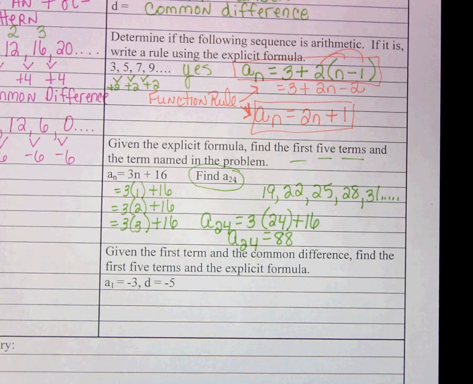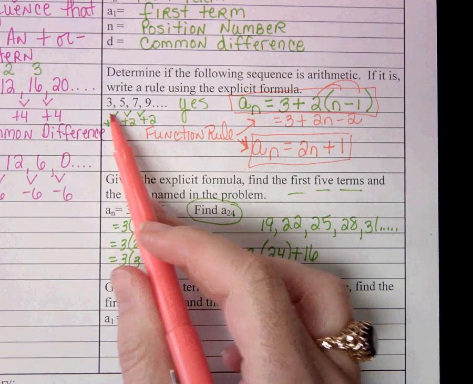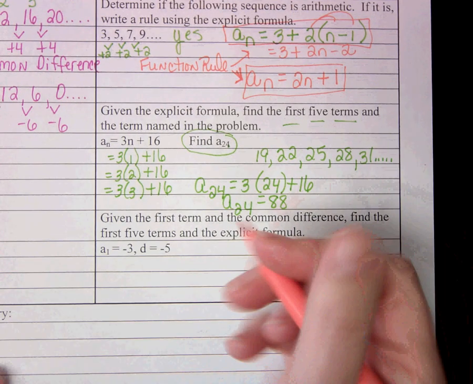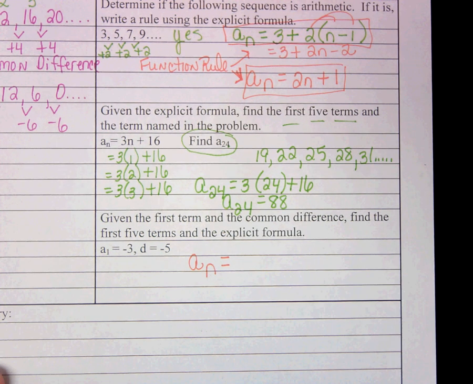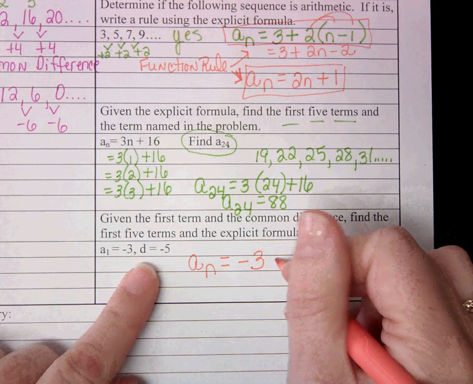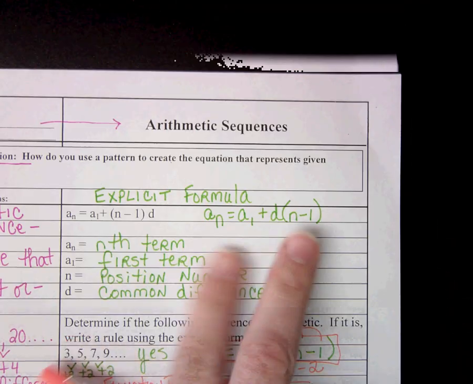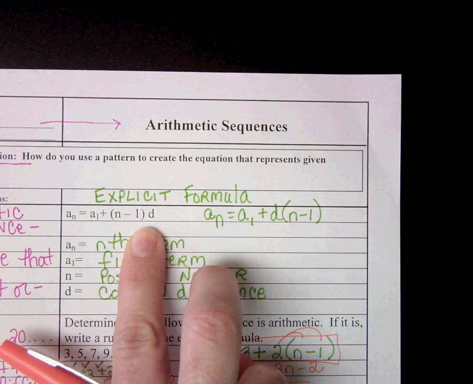Okay, so here's another one. It says, given the first term and the common difference, find the first 5 terms and the explicit formula. Okay, so instead of giving it to you as a sequence, like we did the example up here, I've told you what the first term is. So we would say a sub n equals the first term, which is -3, plus, again, I think it's more comfortable to put the common difference in front, but notice it could be in the back.